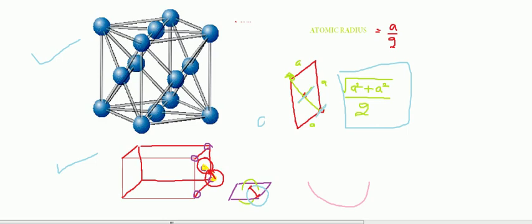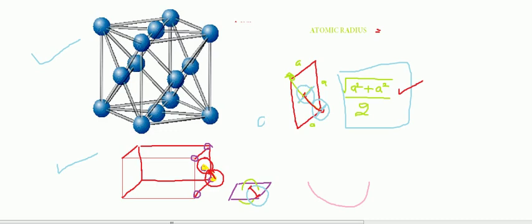So these two atoms, but we know that these atoms are bigger, and the atomic radius is going to be half of this value. So what will happen to the atomic radius?